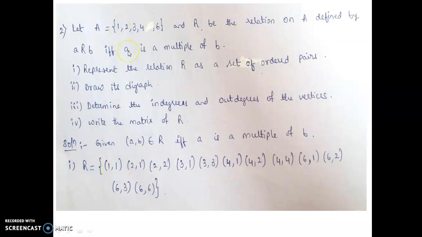For 2, in which tables does 2 come? In the 1 table we get 2, that is 1 into 2, and 2 into 1 again we get 2, so (2, 2) comes in the relation. And for 3, 1 into 3 is 3, and 3 into 1, so that's why (3, 3).